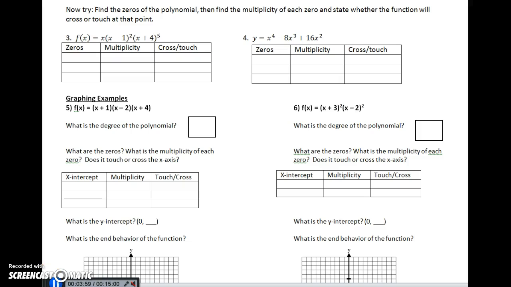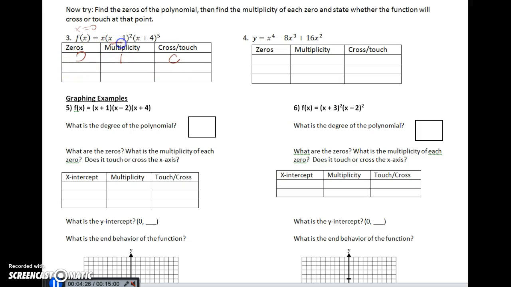Now without graphing, we should be able to do these. So go ahead, try these on your own, pause me, and then check back to see how you did. Okay, so number 3, we have an x out front, so that counts as a factor. So x equals 0, and we just get 0. That has an exponent of 1, so the multiplicity is odd, so that would tell us that it would cross.